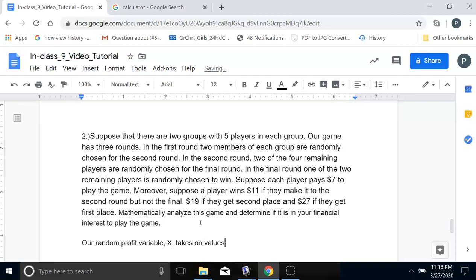Well, you lose $7 because that's how much it costs to play. If you make it out of the first round, you win $11, but you paid $7 to play, so you made a profit of $4. If you make it to the final round, you make $19, but it cost you $7 to play, so you made a profit of $12. And if you win the game, you win $27, but it costs you $7 to play, so you've won $20.